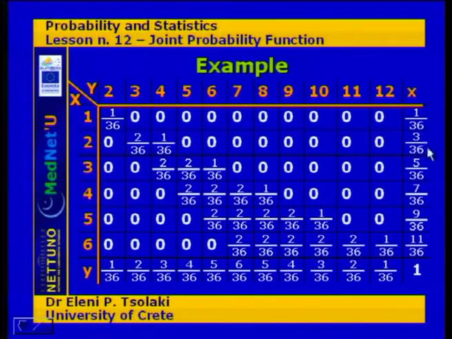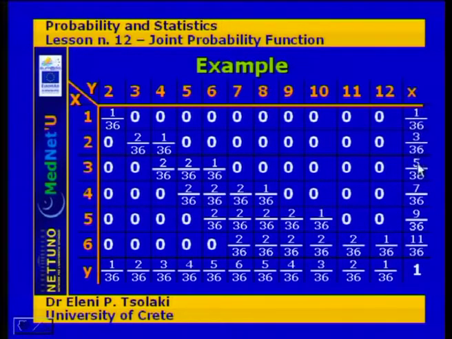The same way, we can calculate the marginal distribution function of X. So the random variable X here takes different numbers. When it's 1, the probability that X equals 1 will be 1 over 36.